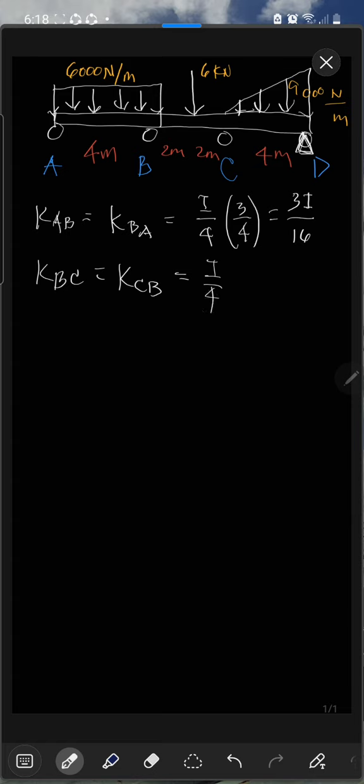And then for KCD, now it is not symmetric because it is triangular, so KCD is different from KDC. Right? Because only the distribution factor changes. So KCD, KDC, I over L still, but multiply this by 3/4. So that is 3I over 16.